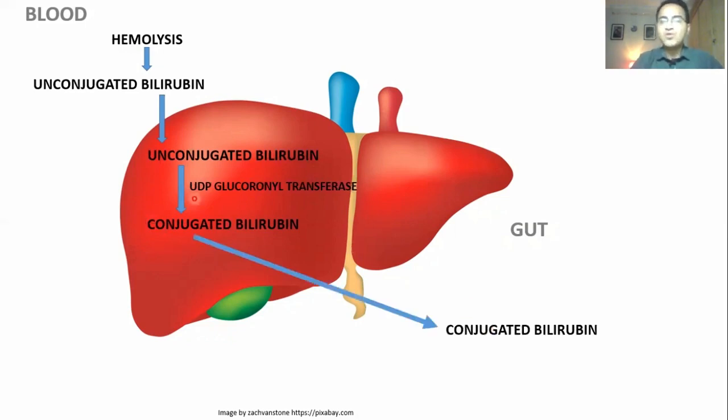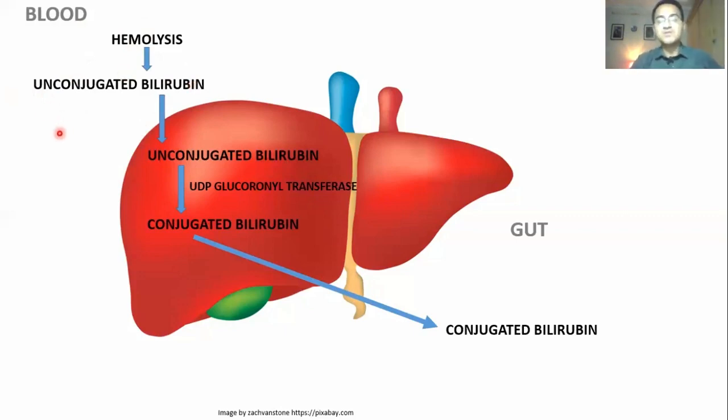UDP glucuronide transferase is a rate-limiting enzyme. Rate-limiting enzyme means that whenever there is excess breakdown of RBCs and excess unconjugated bilirubin is formed, that excess unconjugated bilirubin cannot be conjugated by this enzyme because this enzyme gets overwhelmed and overworked, and therefore unconjugated bilirubin rises in blood.